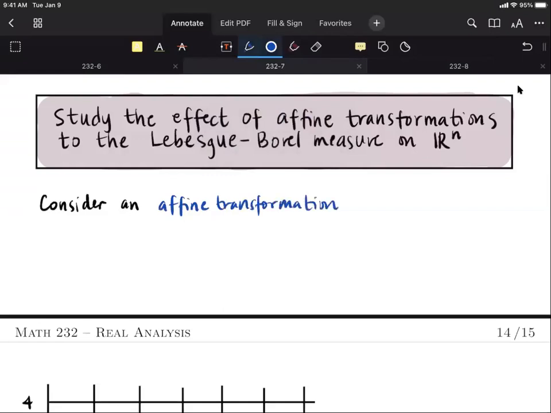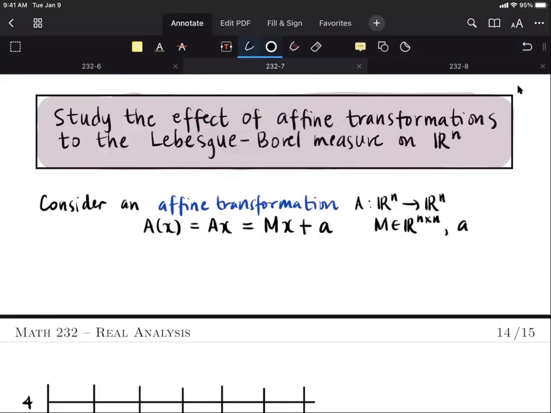Say A, a mapping from Rn to Rn, wherein A of x, and we will write this simply as Ax, is the product of some matrix M plus b, where M is an n by n matrix, and b is a vector in Rn.